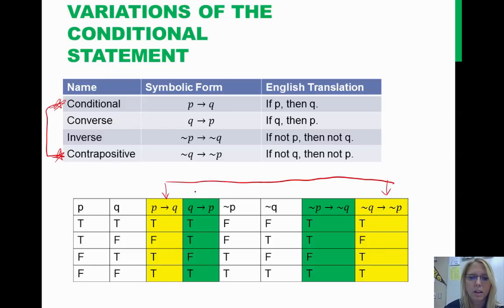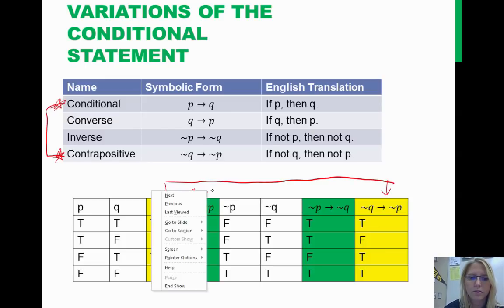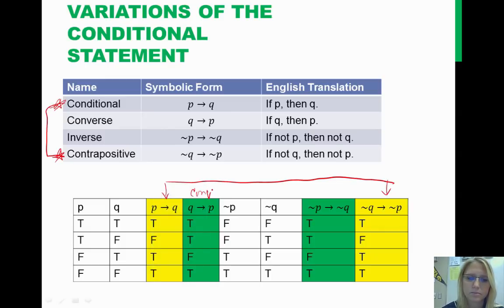Notice that this is the converse, and this is the inverse. Look at their outcomes. These two are also equivalent. So you really need to know that those two are equivalent.